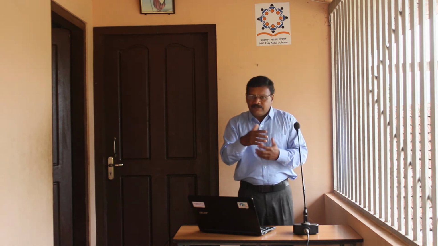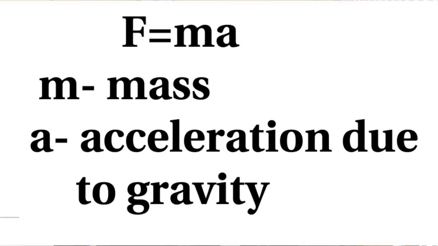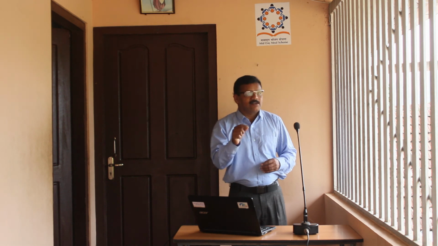In physics, to calculate force, there is a formula, F = ma, where m is the mass and a is the acceleration due to gravity, the acceleration produced by the attractive force of the earth. That is calculated as about 9.8 meter per second square.